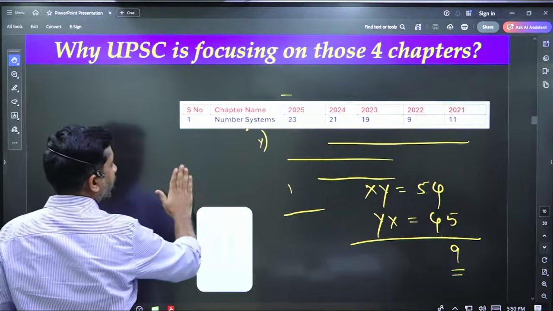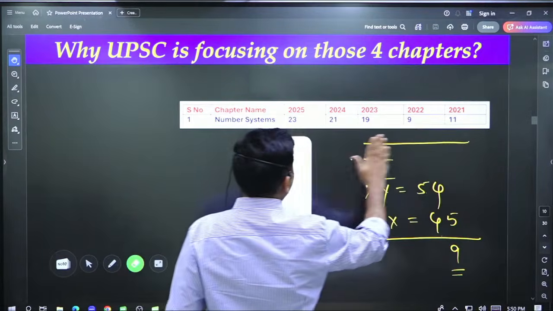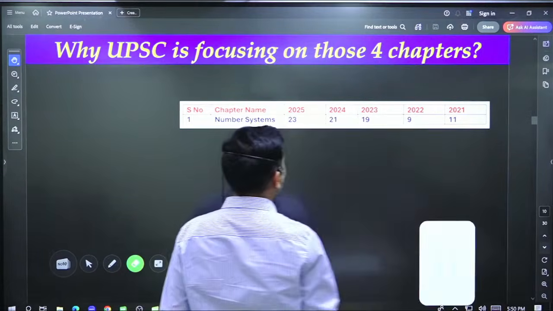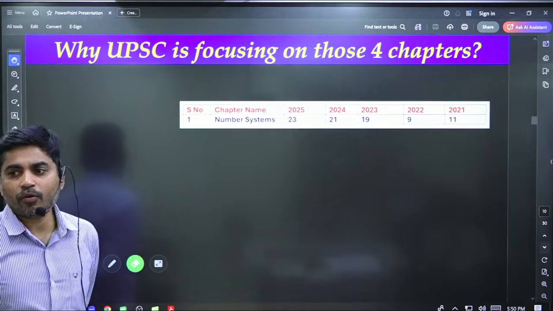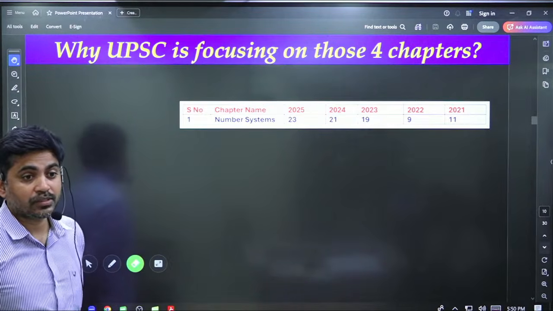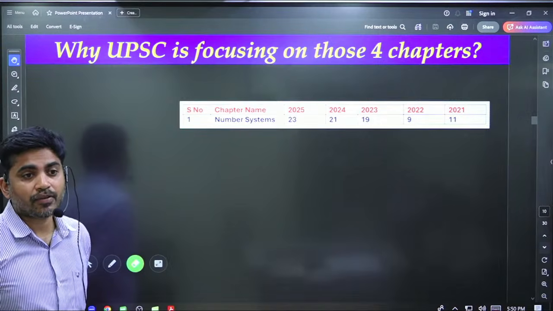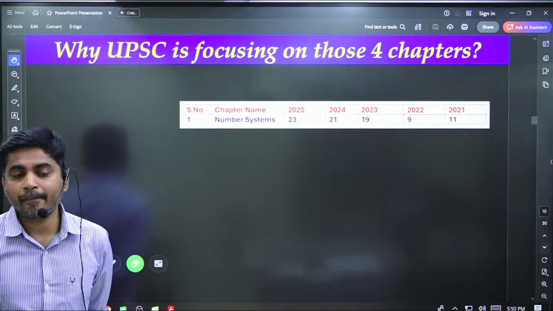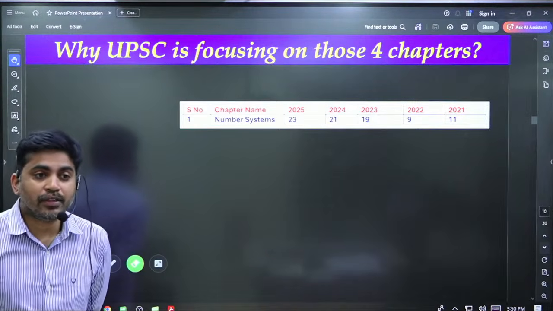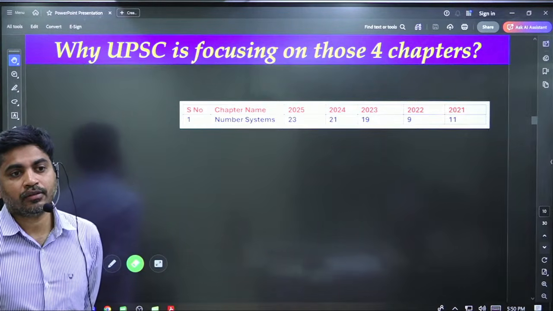First of all, in number systems, in 2025 they asked 23 questions, and in 2024 they asked 21 questions. So a minimum of 20 questions are a must from number systems. Why are they focusing on it? We should know that reason.